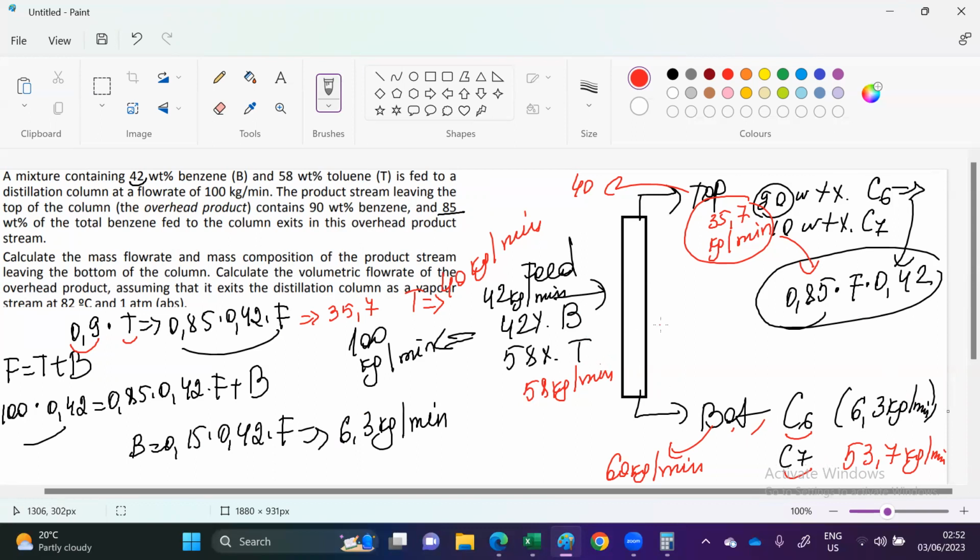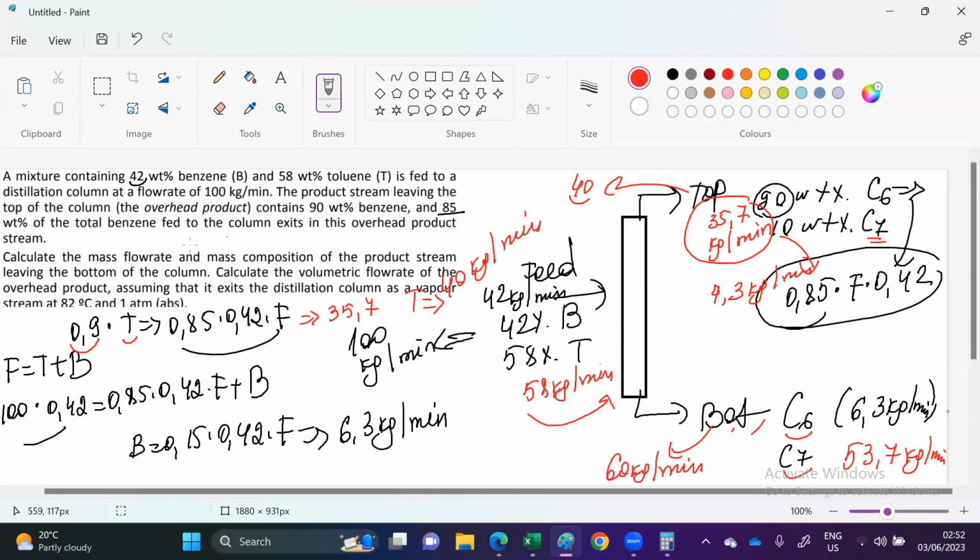You can also find the remaining C7 in the top, like 40 minus 35.7, which is 4.3 kilogram per minute. Or you can find this C7 in the top from the feed, 58 minus 53.7. It will also be 4.3. It means we have done our calculations in the correct way.